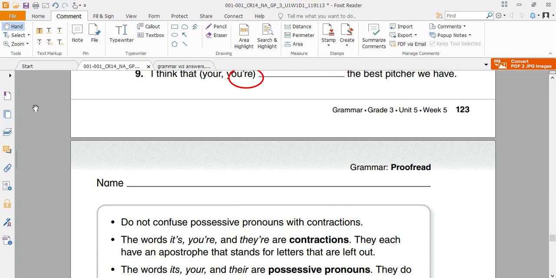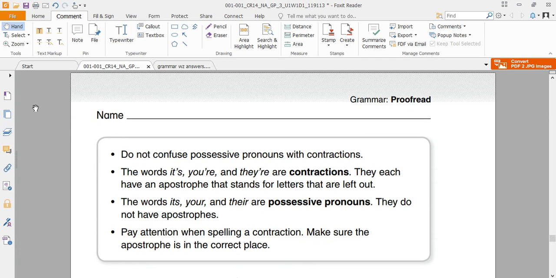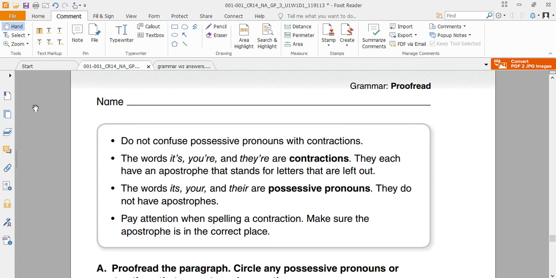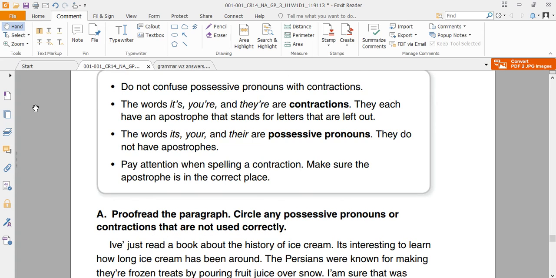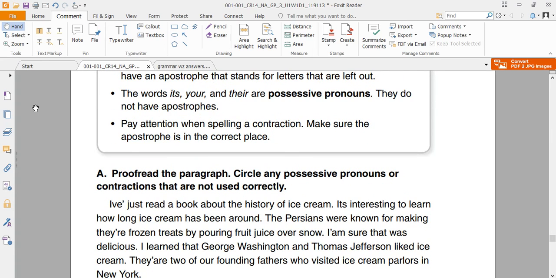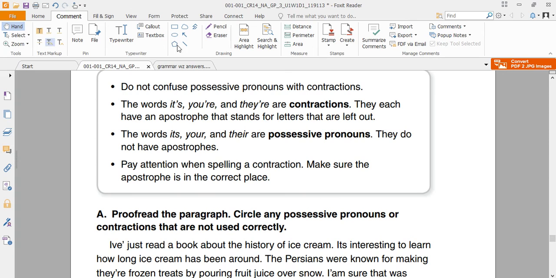Great. The last part of today's class, let's read and figure out the mistakes. Again, pay attention to the differences between the possessive pronouns and the contractions. One difference is that these possessive pronouns like its, your, and their don't have apostrophes.